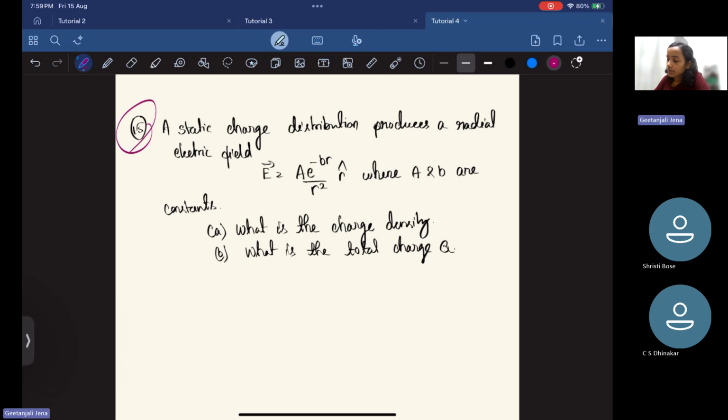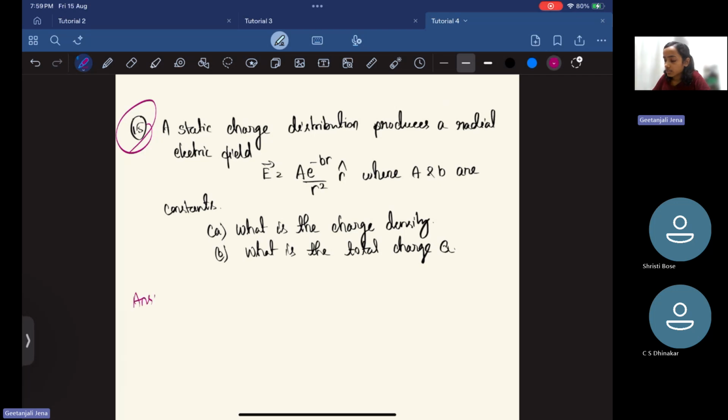Now we'll solve our last problem. It may seem quite trivial, but most of you will follow the wrong step and get a wrong answer. So the question is quite simple. A static charge distribution produces a radial electric field.